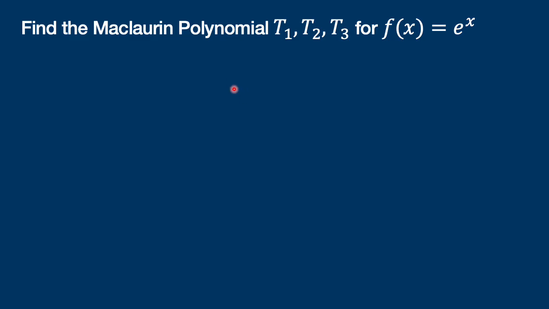Let's find the Maclaurin polynomials T1, T2, T3 for the exponential function. We're going to use the Maclaurin series for e to the x. Here is the exponential function, and the Maclaurin series is an infinite sum.